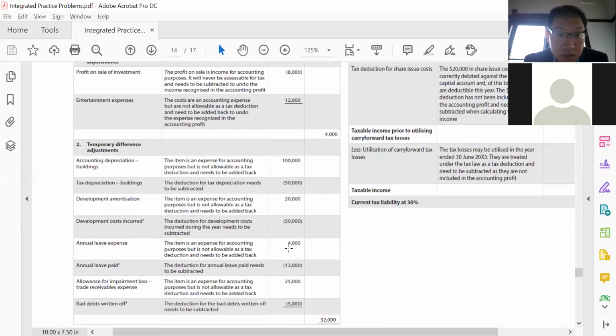expense. Okay, so this annual leave expense, again, we just need to work out what is going to be the amount that is expensed versus what is going to be the amount that is ultimately paid. The reason why this exists is because there's a different treatment between accounting versus tax.